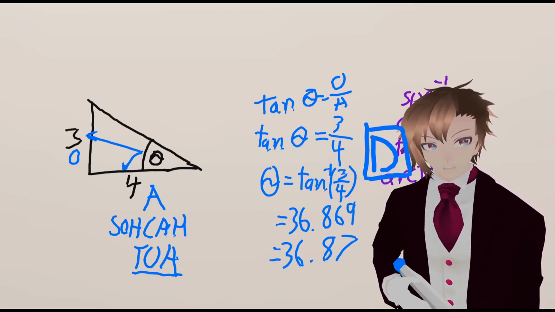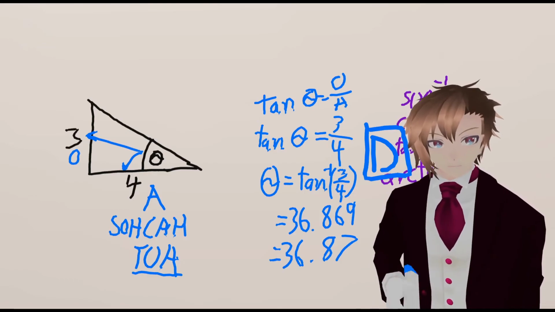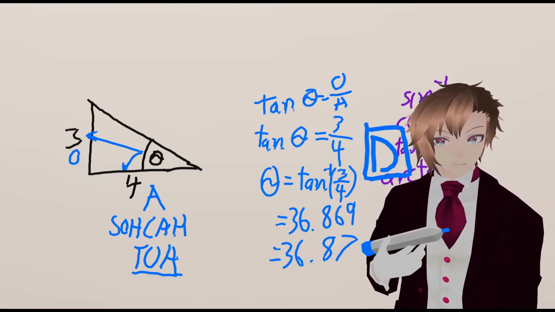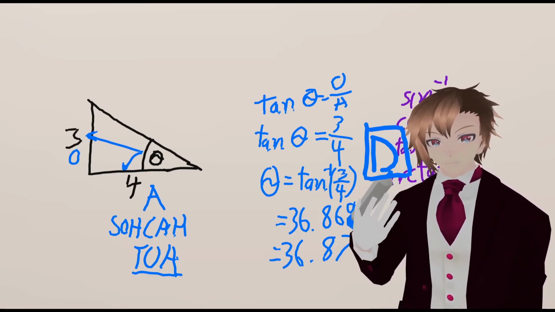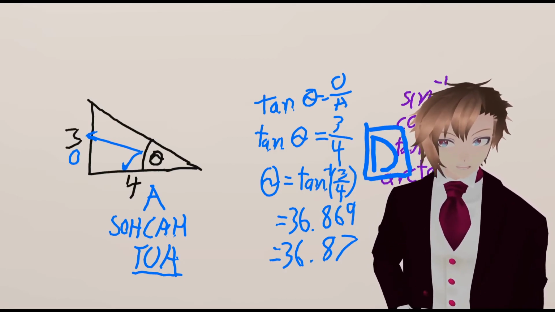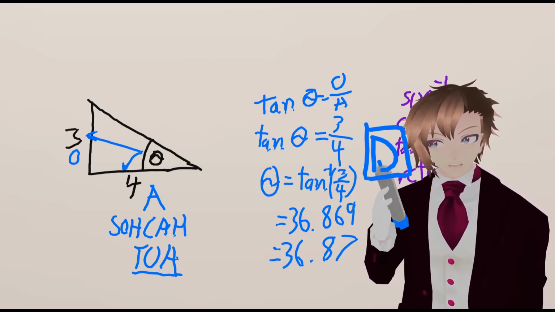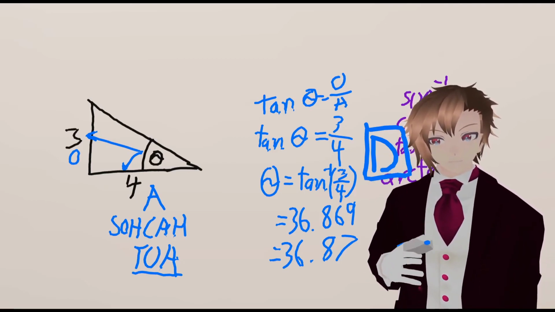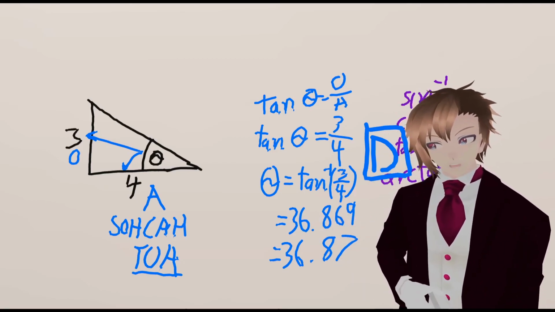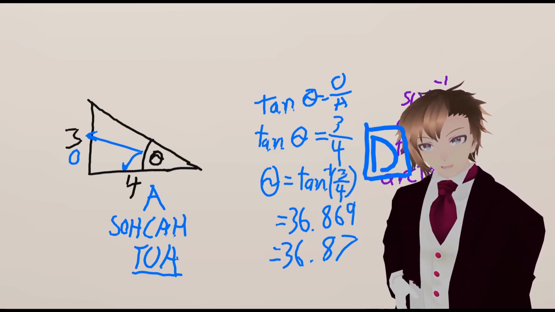If you're not in degrees, then it's not going to work. It's going to be using a different unit called radians. We'll go into that in a different video, but just make sure that your calculator is set to degrees and you'll be able to solve any of your triangles.